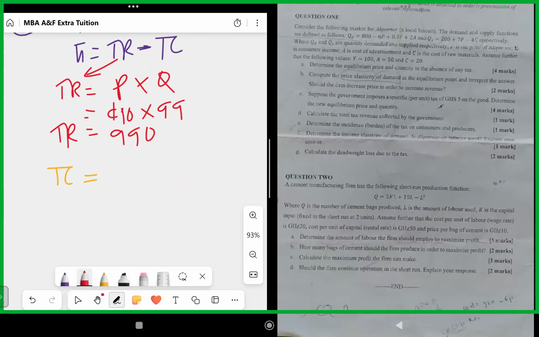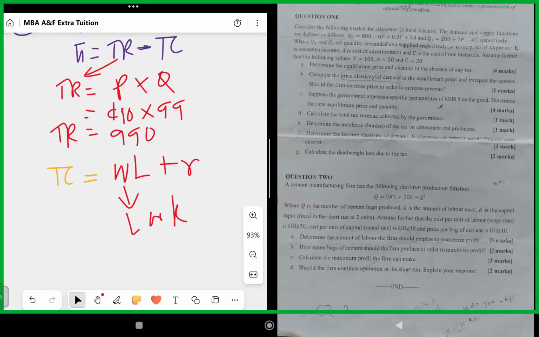So the formula is the wage. Does wage associate with labor or capital? Labor. Good. So it will be W times L, plus the R. This R, in the long run, represents rent, represents cost of capital, represents price of capital.